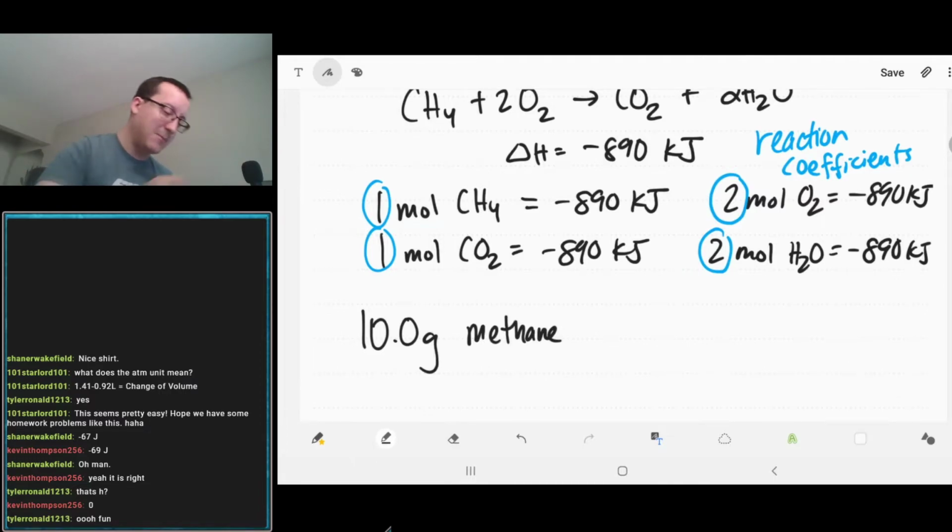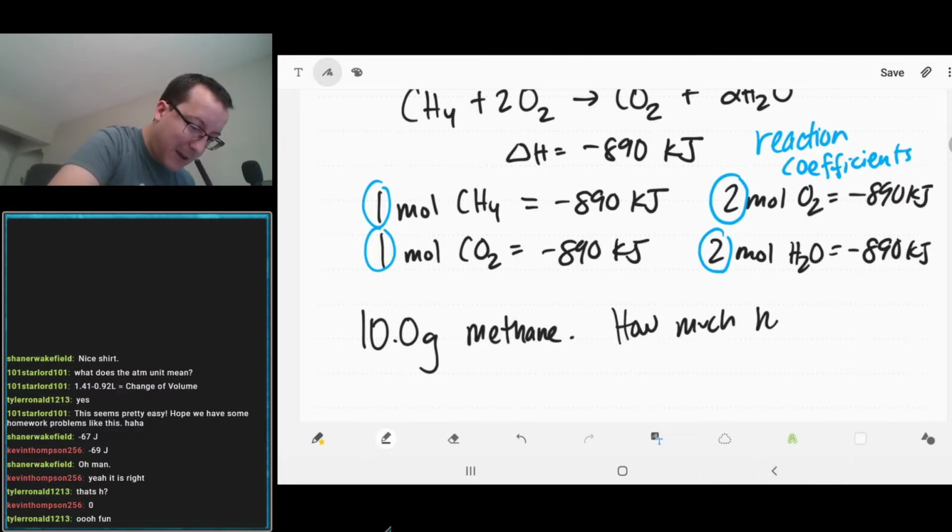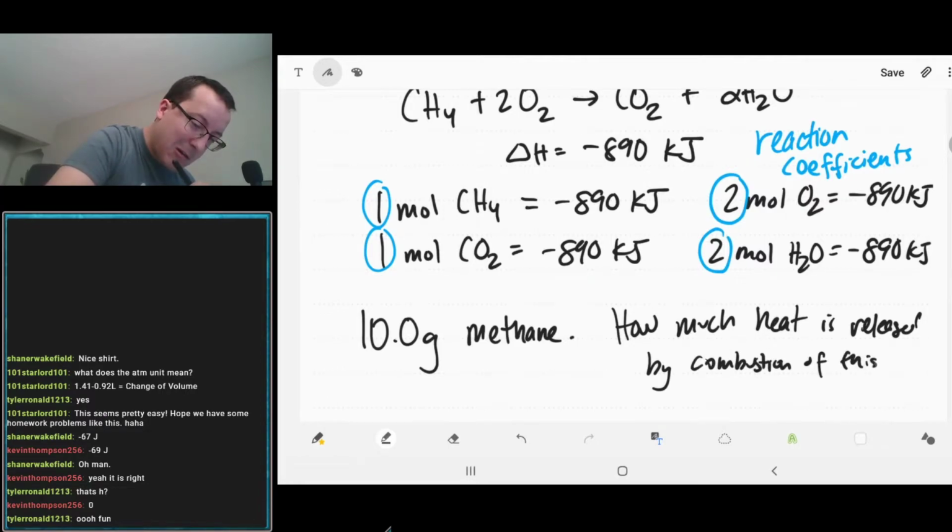Let's say we have 10 grams of methane. How much heat is released by combustion of this methane?